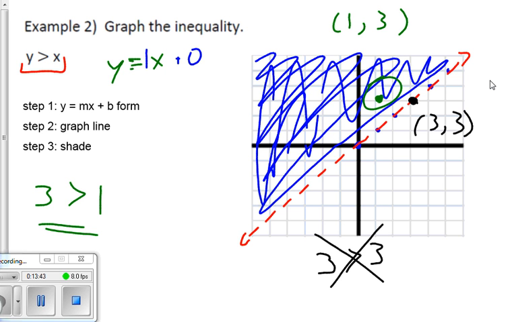It's not bigger than itself; it's exactly equal to itself. So we can't include (3, 3) in our area that is true. That's why we have these dashed lines, to show that it's everywhere above this line, but not touching it. That's what the dashed lines mean.